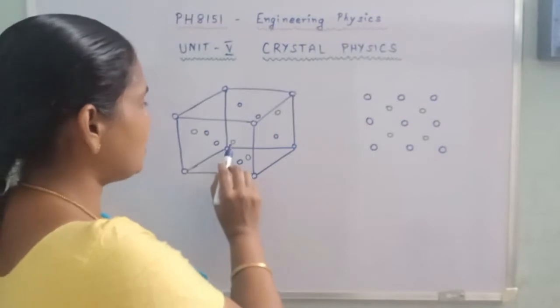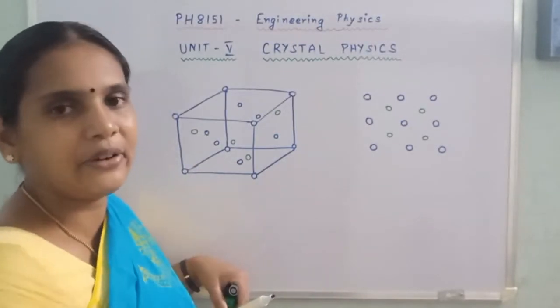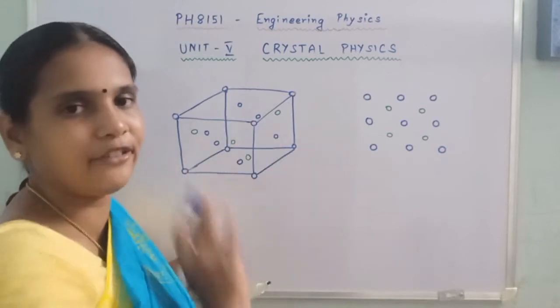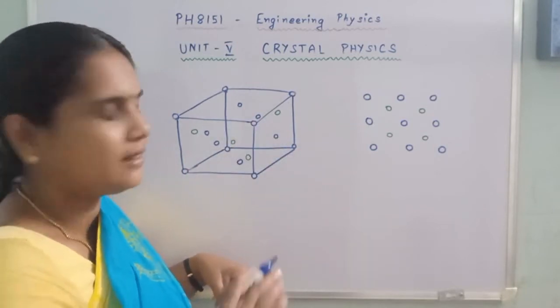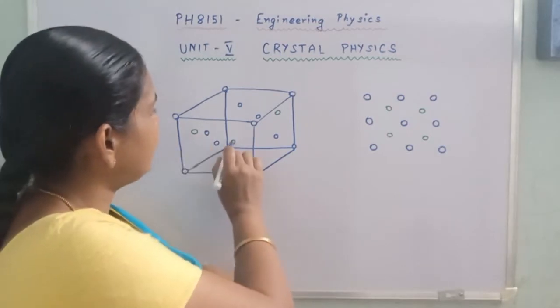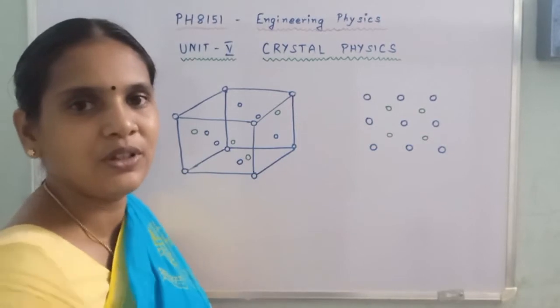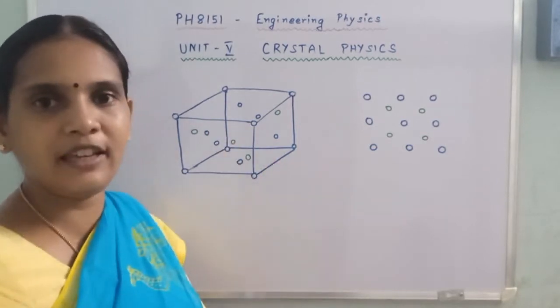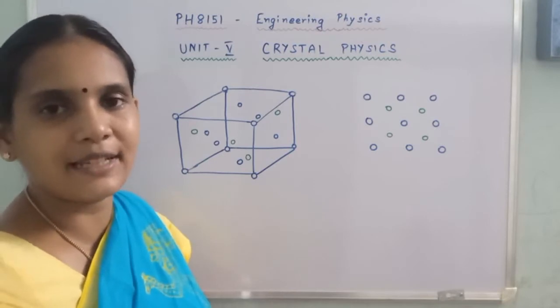Here, to distinguish the second intersecting lattice, I have marked it as green. Otherwise all signify carbon atoms. Whereas in case of ZnS, these will denote sulfur atoms, whereas the parent FCC or the original FCC will denote the zinc atoms.